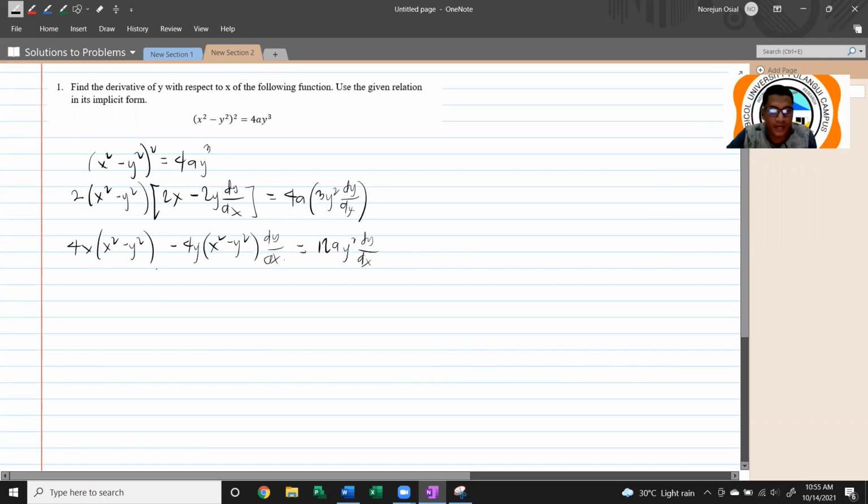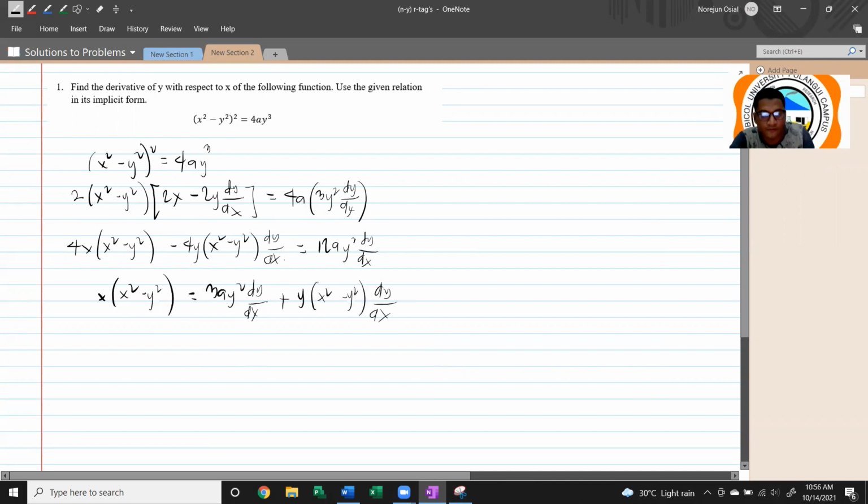Since we have a common factor 4, we can factor it out. Then let's transpose this term to the right side. So we have x times x squared minus y squared equals 3ay squared plus y times x squared minus y squared.